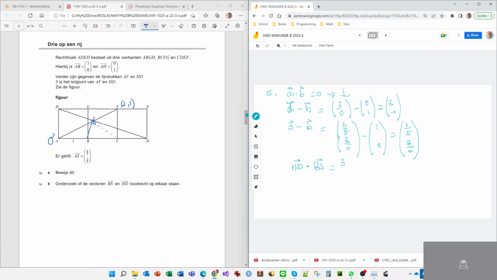So you just multiply the x components and then add the product of the y components, so minus 3 over 5, 0. So they're perpendicular.